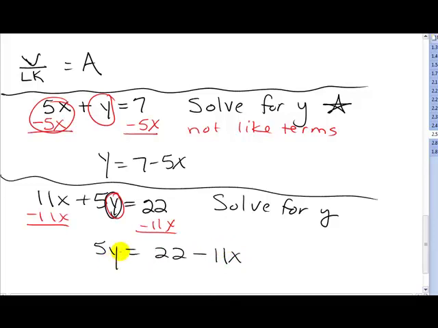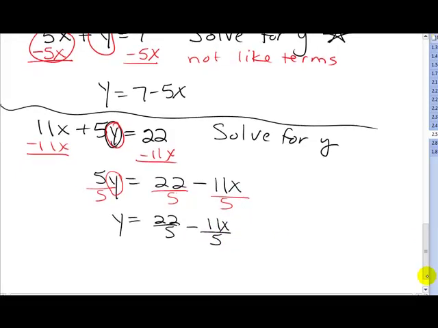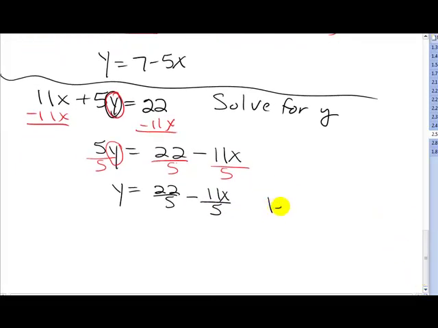Then we're still focusing on getting this alone. So divide by 5, divide by 5, divide by 5. Get y equals 22 over 5 minus 11x over 5. And for what we're going to do, we're going to leave it this way, because all I'm wanting to do is solve for y.